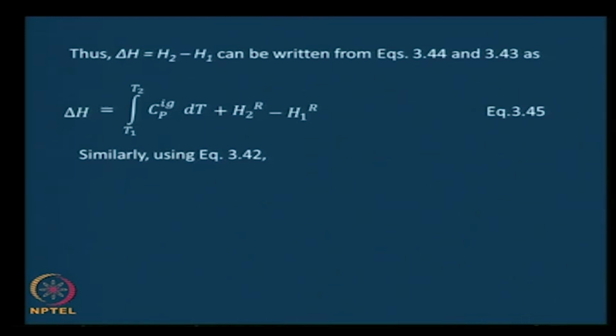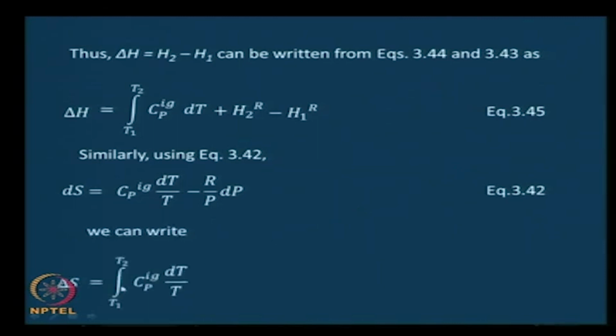Similarly, using 342 that we have shown earlier, dS equals Cp ideal gas dT by T minus R dP by P, and therefore, for a process delta S is integral of T1 to T2 Cp ideal gas dT by T minus R, this is remember R into 1 by P dP, the integral of that is going to be ln of P between the limits, and therefore, you get minus R into ln of P2 minus ln of P1, which can be written as ln of P2 by P1, plus of course S2R minus S1R.